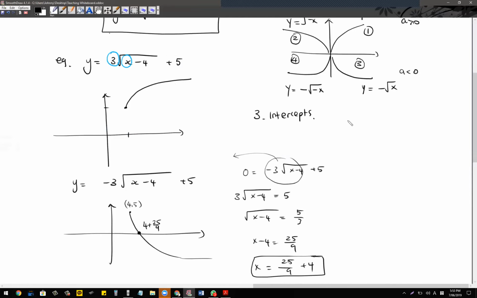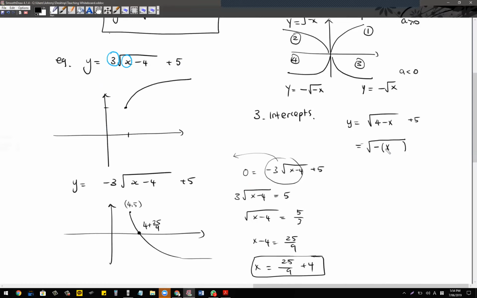I'll show you something. How do you draw y equals root of 4 minus x, plus 5? When you have something like that, you want to make sure that the negative sign is factorized, so that you always start with x.